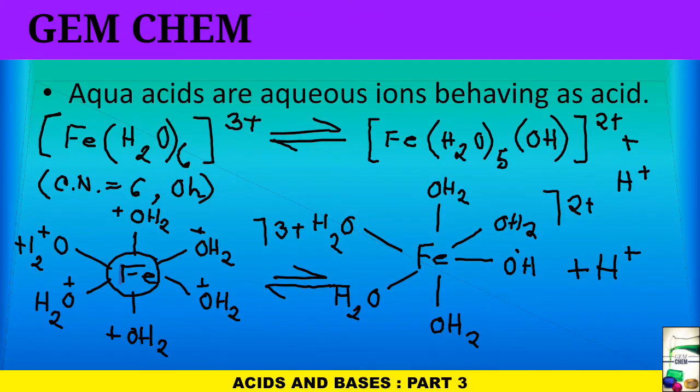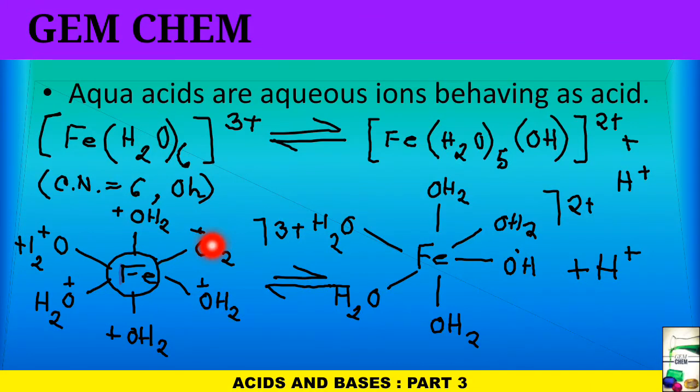Now if you see that the greater the positive charge density over the metal ion, for Fe3+ there is greater positive charge density, so there will be a greater extent of electron removal and loss of H+ from the OH bond. There is a greater probability that the hydrogen will be removed from this water molecule.